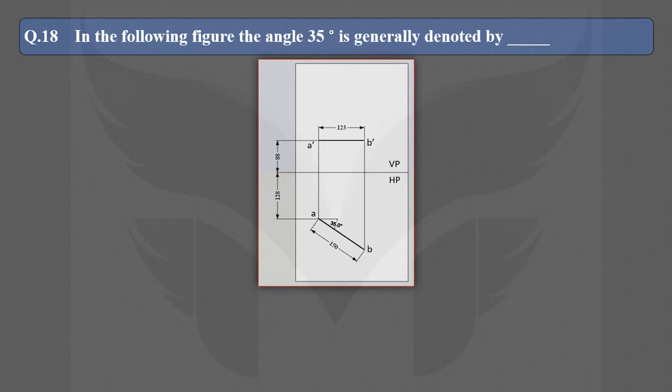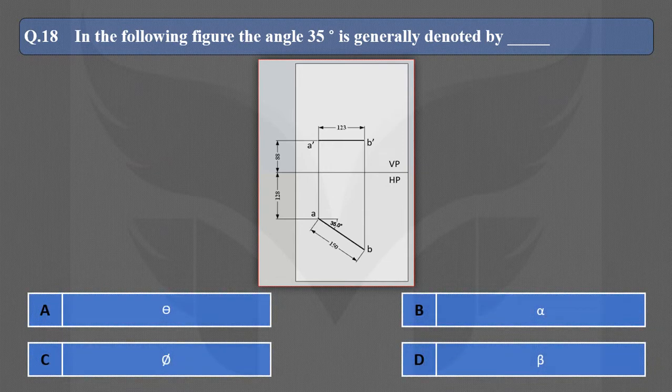In one of the previous questions, we have seen that the angle made by the true length with HP is denoted by theta. And in this question, the figure shows the angle made by the true length with VP, which is 35 degrees. And generally, we denote this angle by phi. So the correct answer is C.